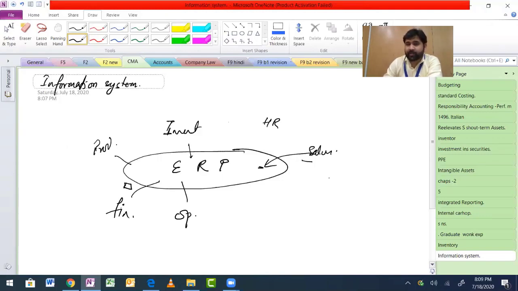For example, the sales department, before getting into a contract, doesn't have to talk to the production guys about how many units they have produced, or say I want to sell 100 units. They don't have to ask inventory whether they have these units or not. Why?